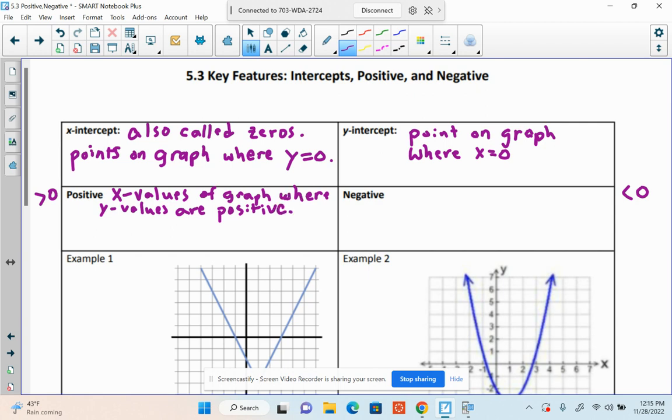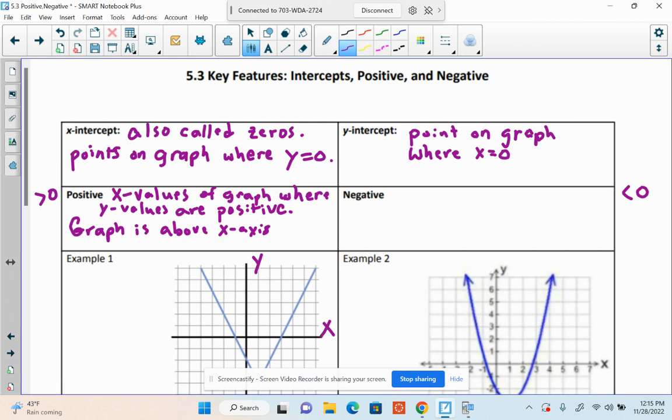Graphing wise, what that means is the graph is above the x-axis. So we'll just say it that way as well. Graph is above the x-axis.